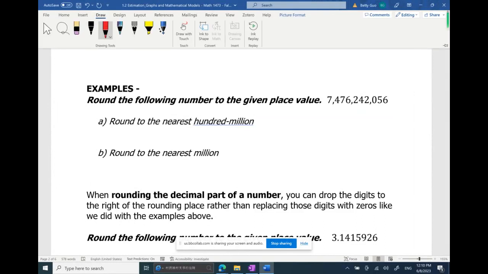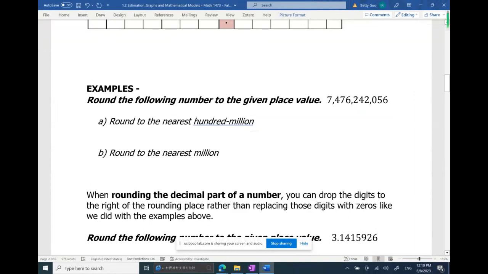It's a whole number, right? So this is 1. This is 1,000, 10,000, 100,000.